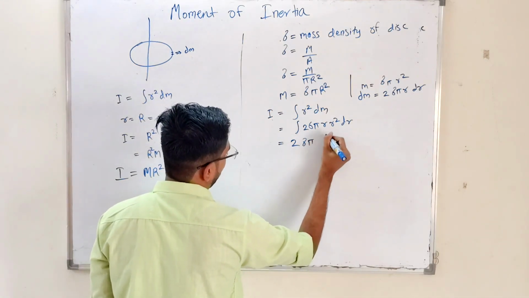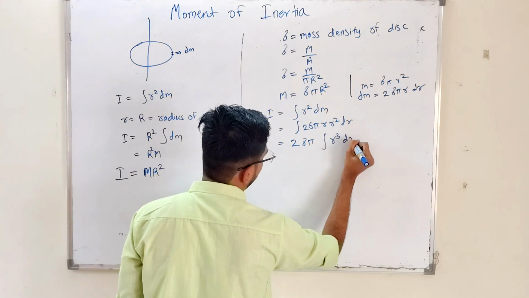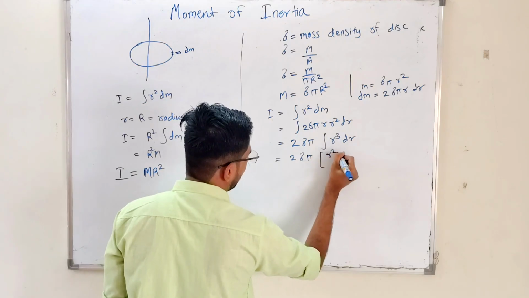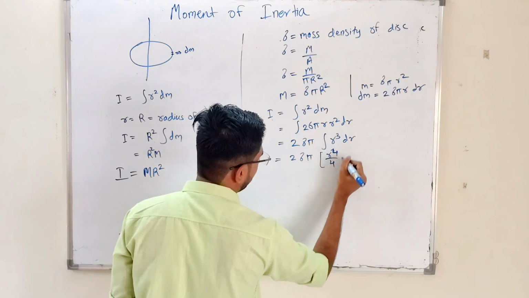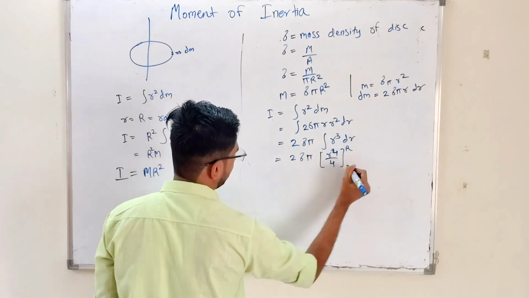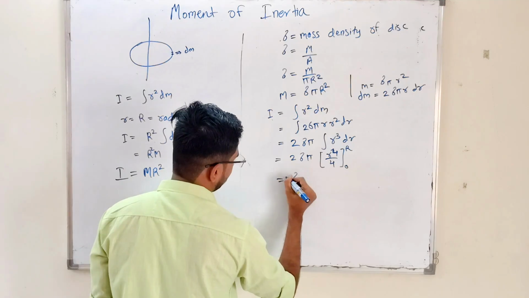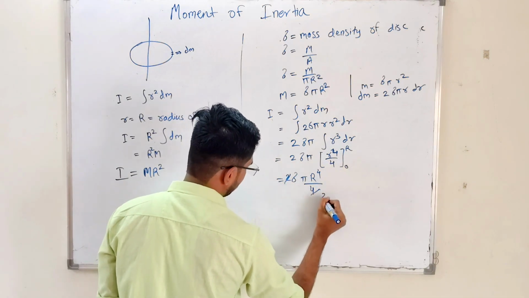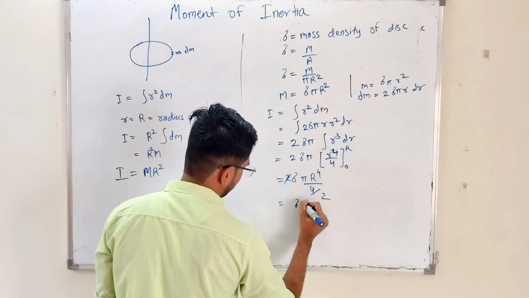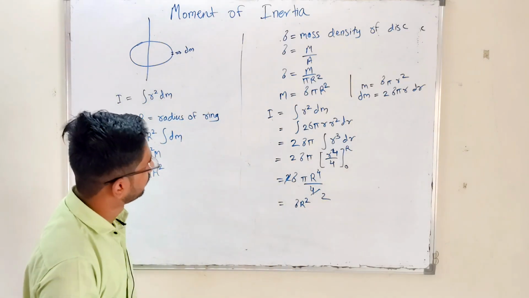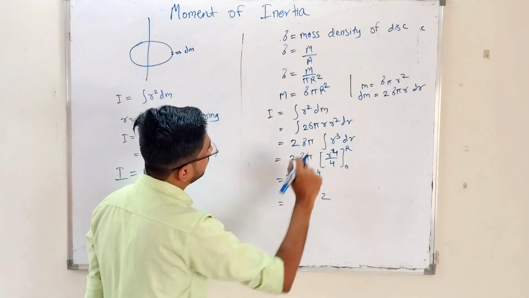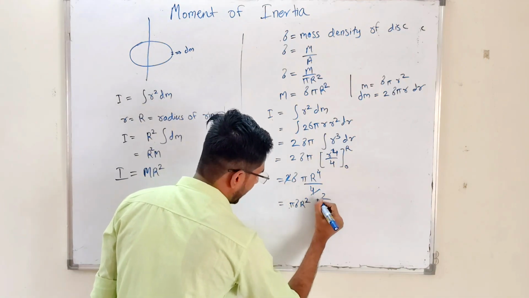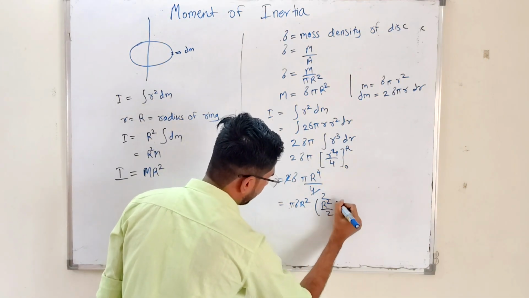2 sigma and pi are constant, and we will have the integration of r cube dr. So this integration will be r raised to 4 divided by 4, from 0 to R. I can take sigma, pi and r square to one side, combine them, and we can have r square upon 2 on the other end.